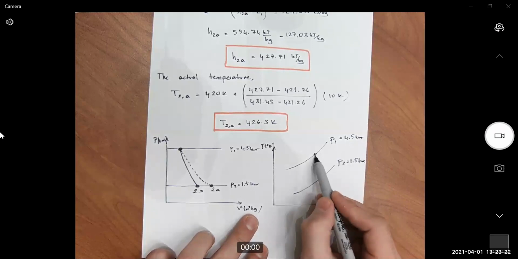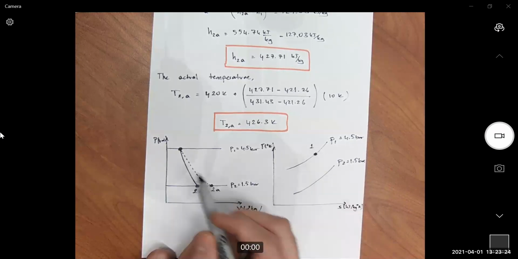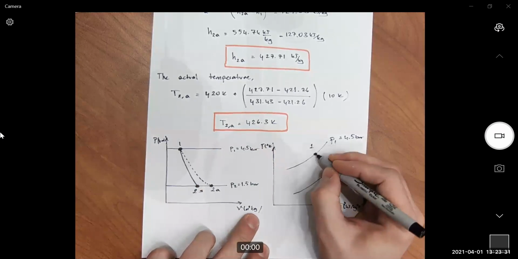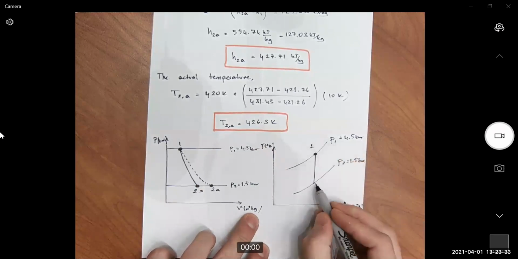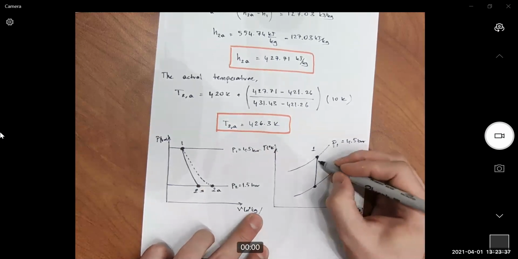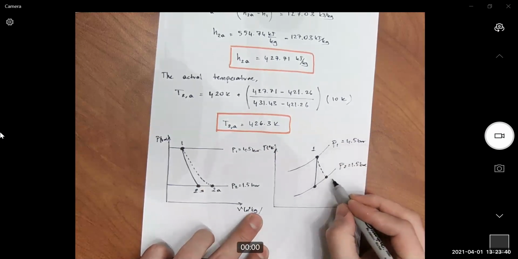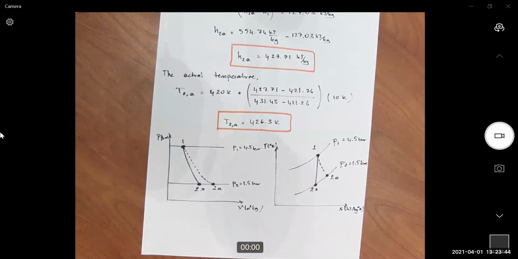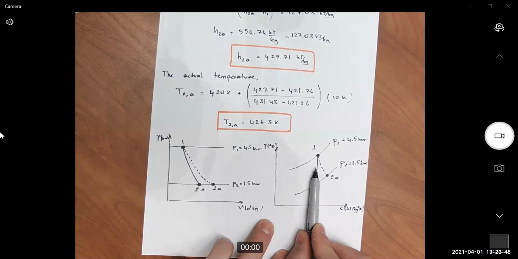Ideal is the solid line, and the actual process is the dashed line.